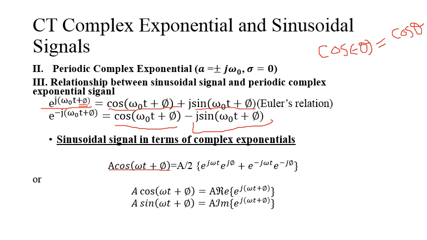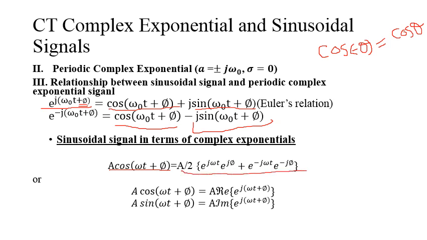So that means A cos(omega t plus phi), where A is the amplitude, omega is the frequency, t is the time, and phi is the phase of this sinusoid, can be expressed in terms of the complex exponential signal.